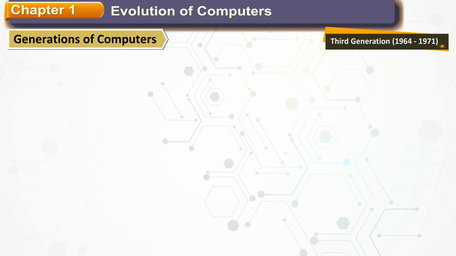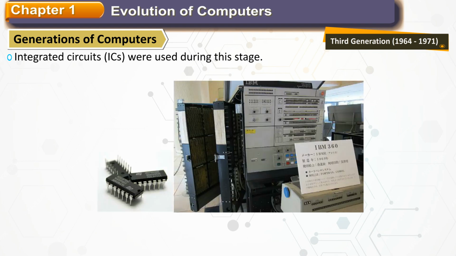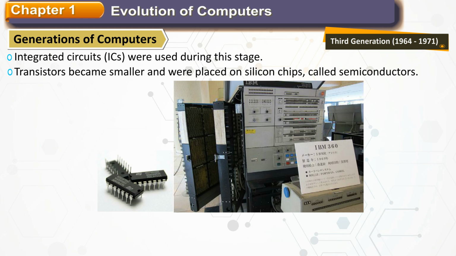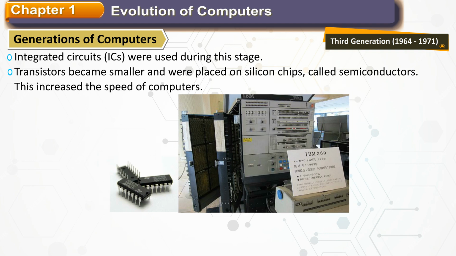Third generation, 1964 to 1971. Integrated circuits, ICs, were used during this stage. Transistors became smaller and were placed on silicon chips, called semiconductors. This increased the speed of computers.